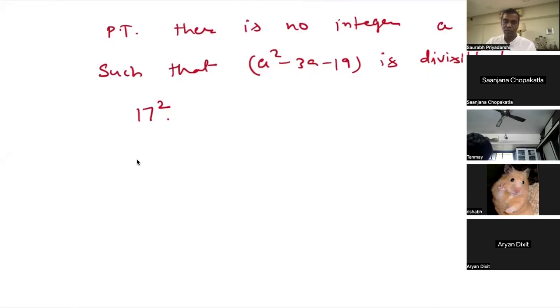That is possible only if the difference between both numbers is 17. So that will work, 100%, and always. And the constant term is not divisible, so we can say this is not divisible by 17 square or something like that.